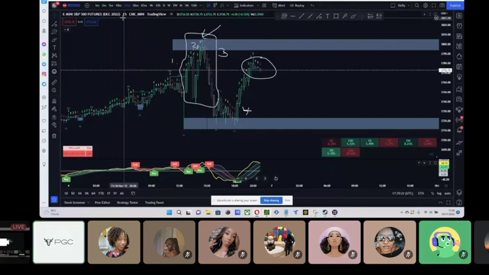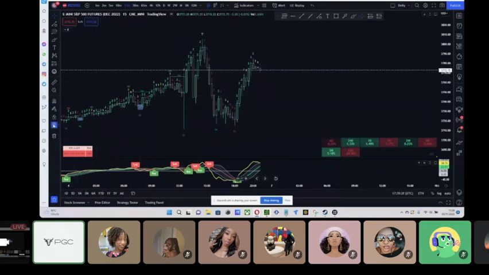So this is ES from Friday, and I'm going to review the price action at certain points to tell you what I did wrong and what I could have done better.